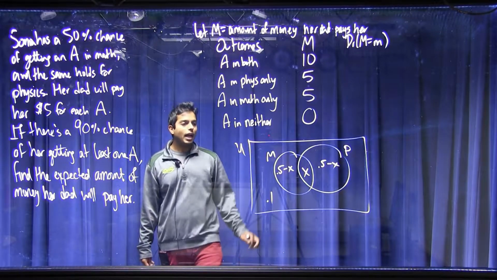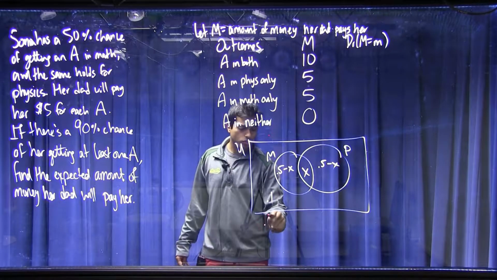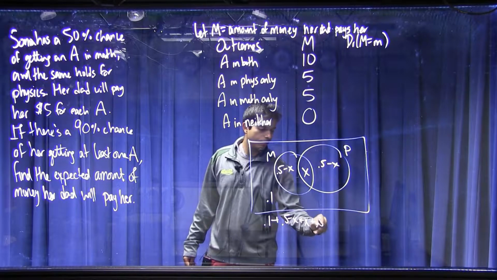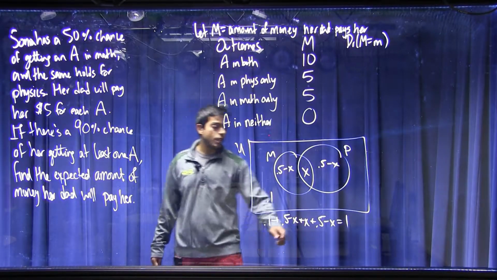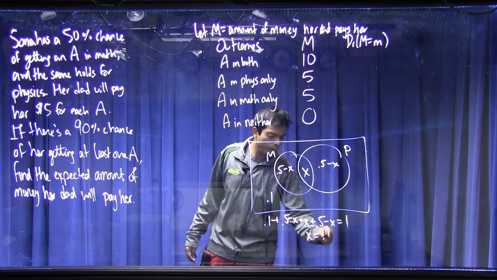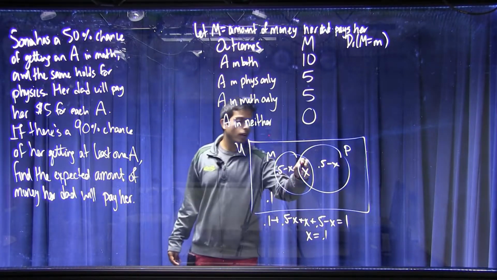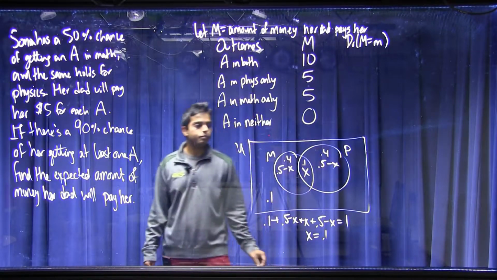Okay, so if we add this all together and set it equal to 1, we can write this equation. And then you can feel free to solve this, and we get that x is equal to 0.1. So if x is equal to 0.1, that means that we have a 0.1 there, a 0.4 there, and a 0.4 there.